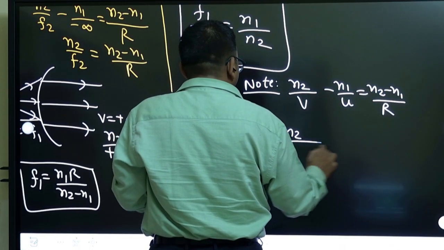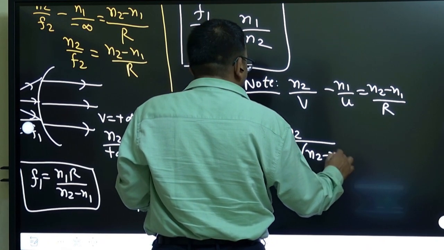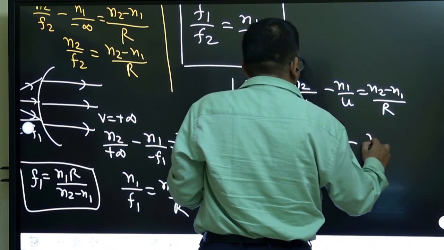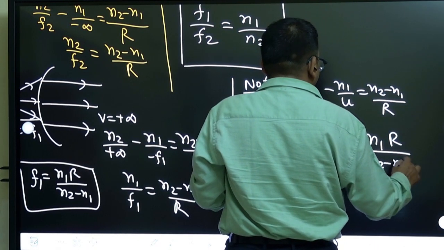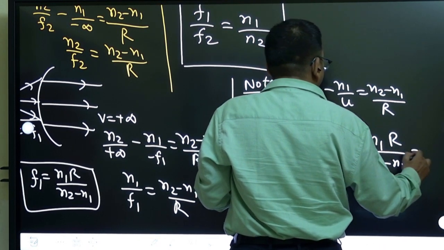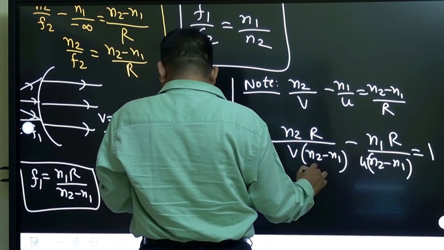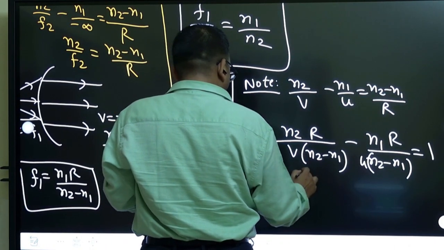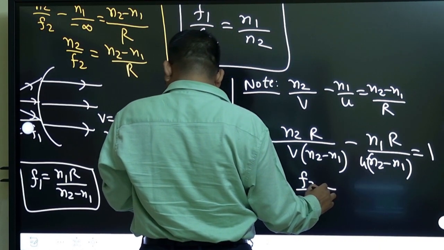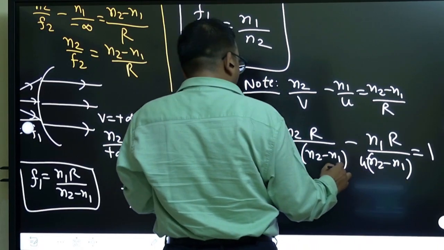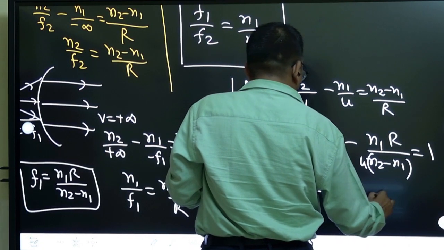So n2 by v, if I divide it, I will get n2 minus n1 by r, n1 also, r by n2 minus n1, and this is u here, multiplied, equal to 1. So see that n2 r by this is nothing but f2. This is f2 by v minus f1 by u is equal to 1.